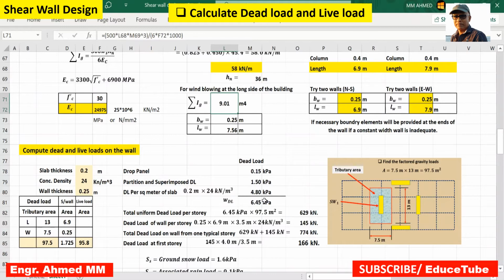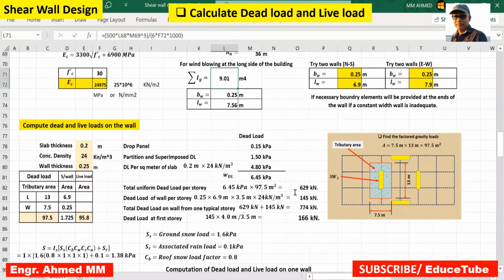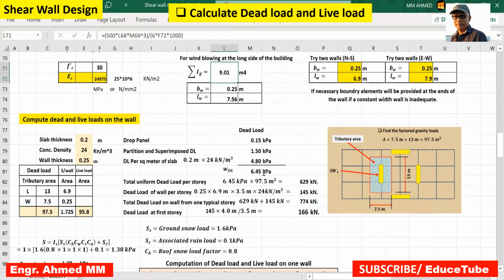So totally we get 6.45 kPa. This is actually per square meter. So total uniform load per story, surely we have to find this by multiplying by tributary area. Already we know that 97.5, so we got 629.